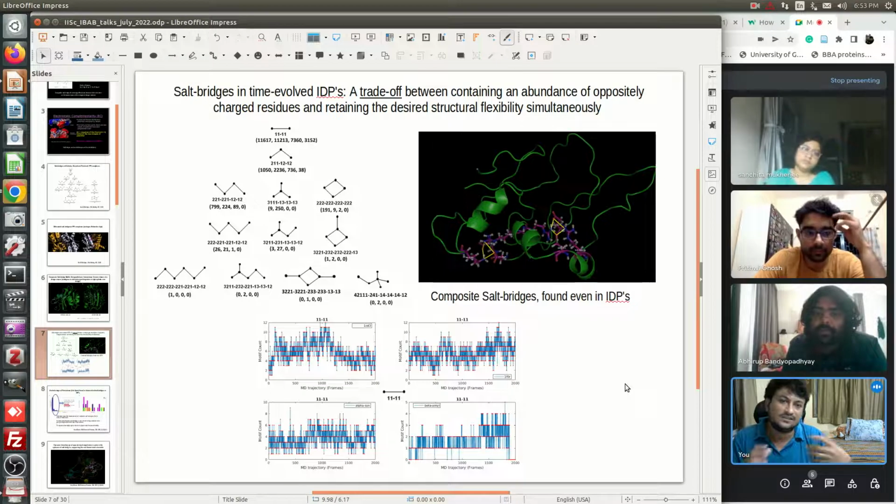So the charged residues will always trigger the formation of salt bridges, especially given the fact that the IDPs do not have a global minima structure, they are always hovering around local minima.